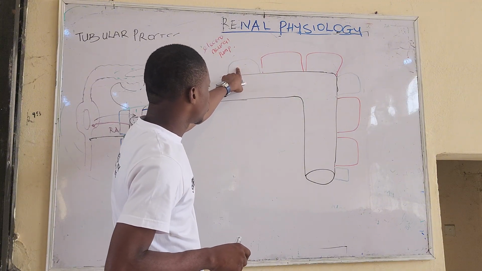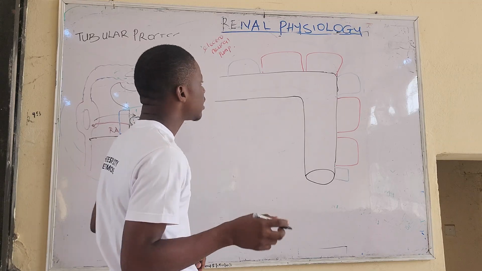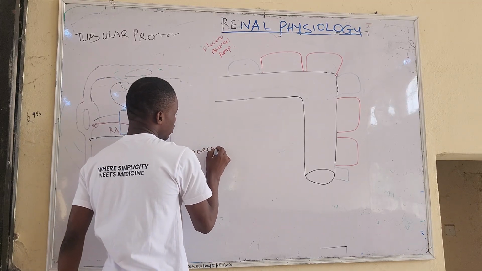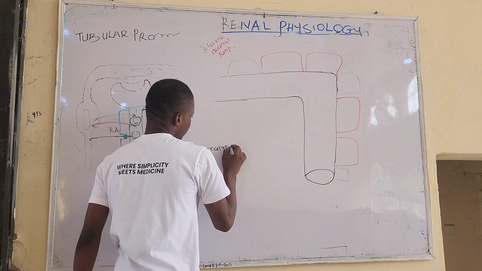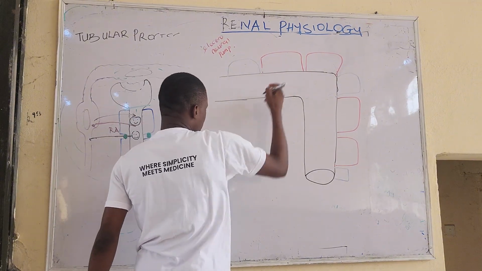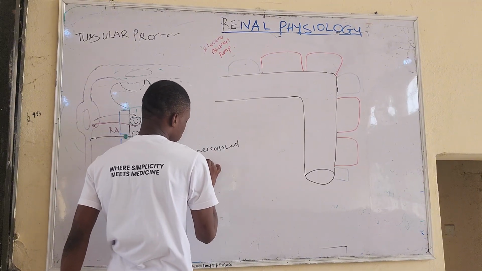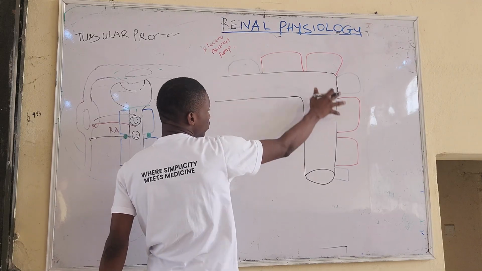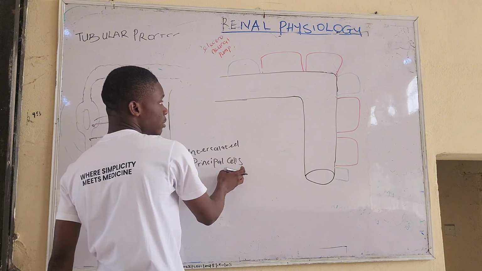You see these cells I drew in blue, we call them intercalated cells, while those in red are called principal cells. That means on this last part, there are two types of cells: intercalated cells and principal cells.